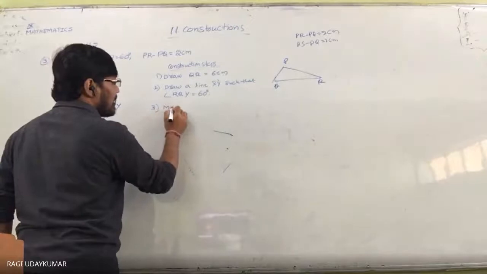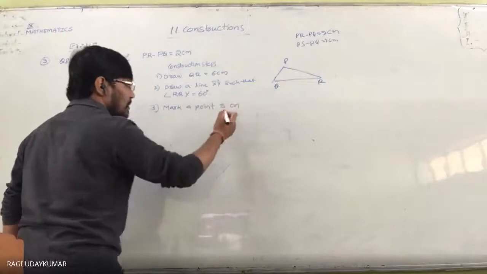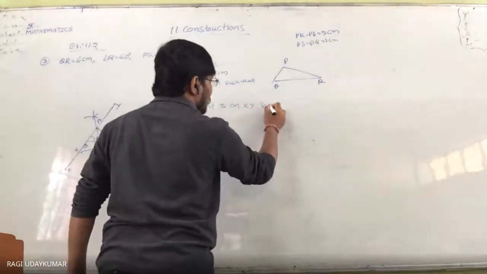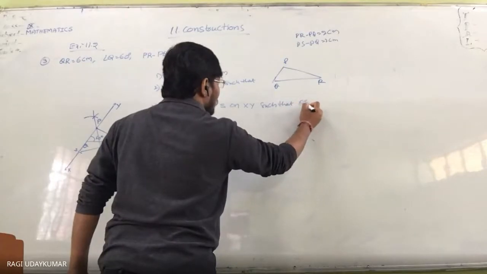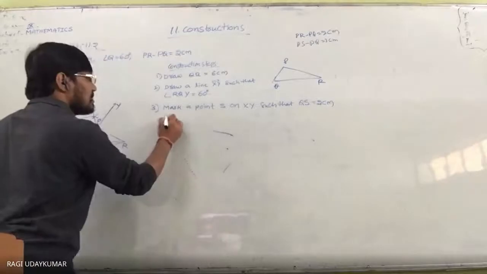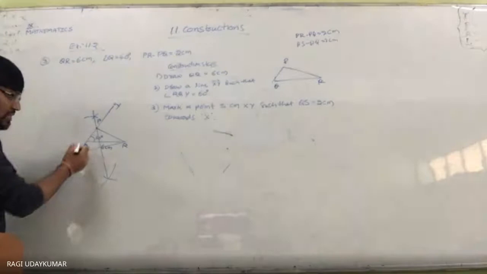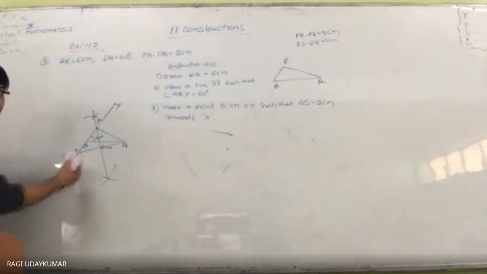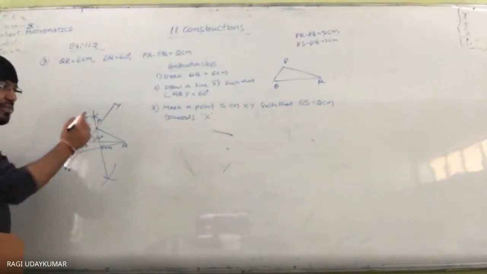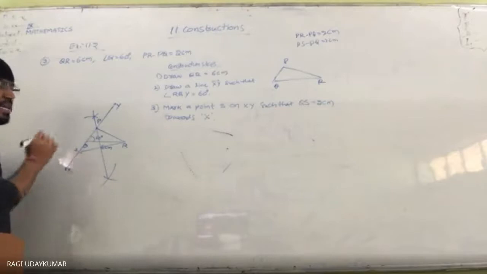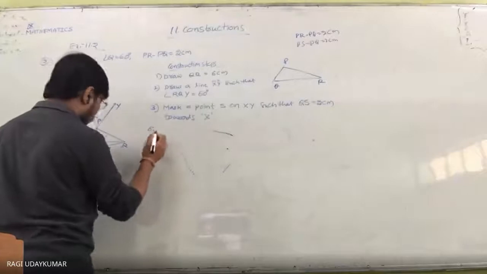So mark a point S on XY such that QS is 2 centimeters towards X. Means QS is equal to 2 centimeters, mark it towards the S side, because Y is taken on that side. Otherwise QS could also be taken on the other side. So in the steps we need to mention properly.